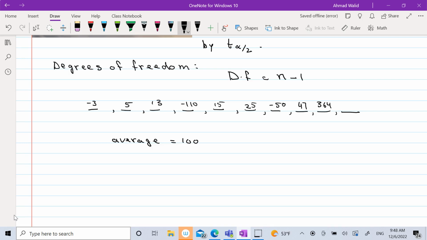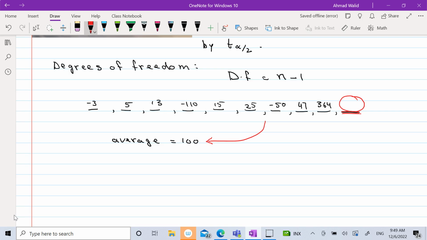I put 9 numbers, but I keep one number, which I call set in stone. Still, I can make the average of these 10 numbers 100 if I have this freedom, this last number. Based on this number, I can change my average to 100.